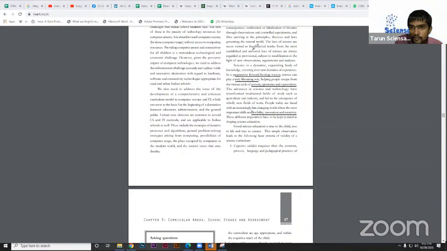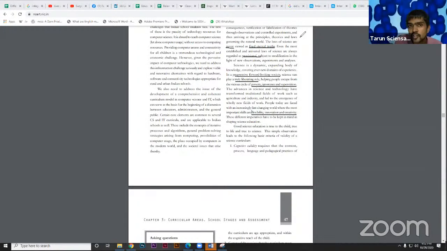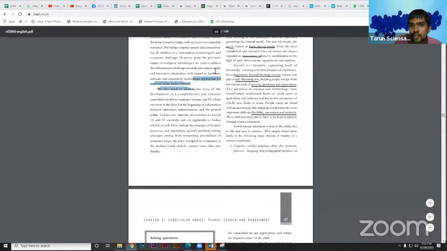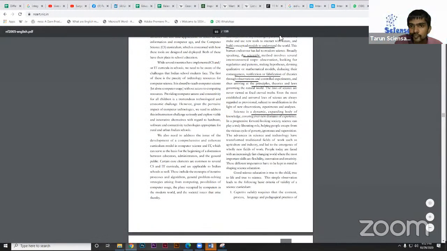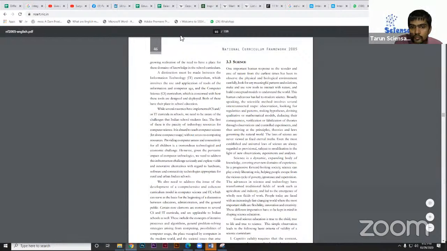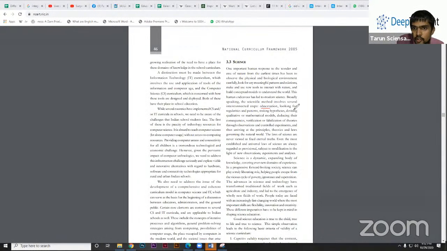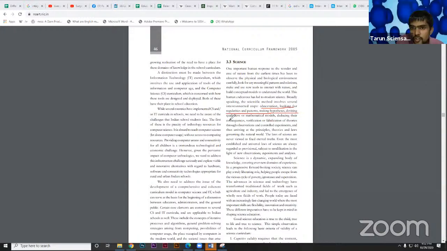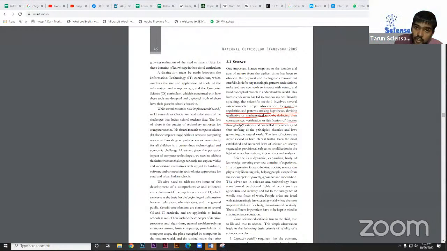And science is not a fixed eternal truth, but is always regarded as provisional. So various processes in science education, are we exposing children to them, like observation, looking for patterns, making hypotheses, mathematical models, consequences, verification of theories or proving theories false, designing controlled experiments, arriving at principles or theorizing.